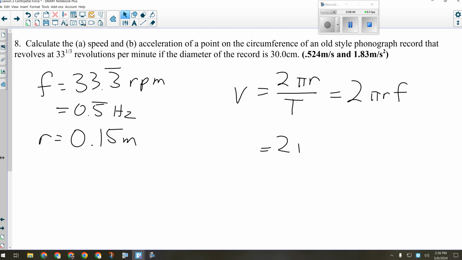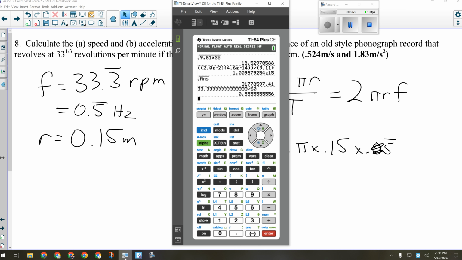So 2 times pi times 0.15 meters times 0.5 repeating, and that will give me the speed of that record.